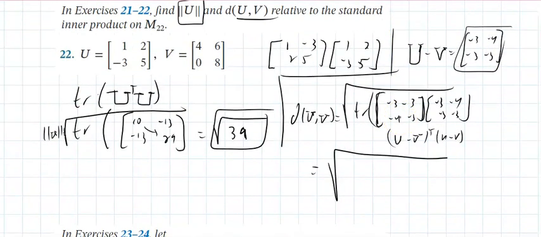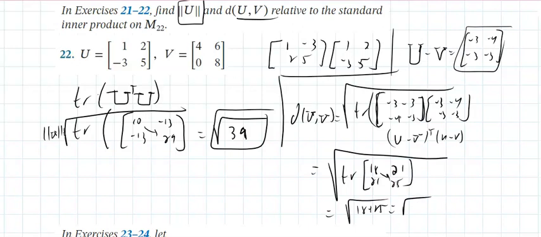That is the square root of the trace of, and let's see what that is. That's 9 plus 9, 18, 12 plus 12, no, 12 plus 9. 12 plus 9 is 21, and 12 plus 9 is 21, and 16 plus 9 is 25, and the trace of that is what? 18 plus 25, that's the square root of 43. There, that's how you do it with matrices.